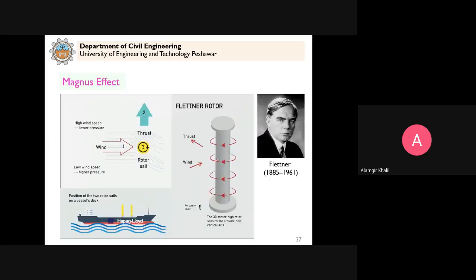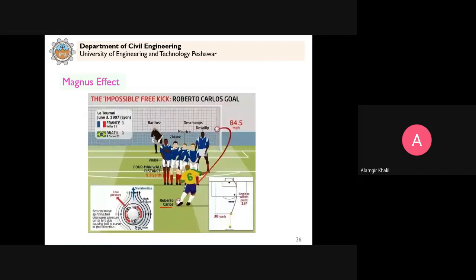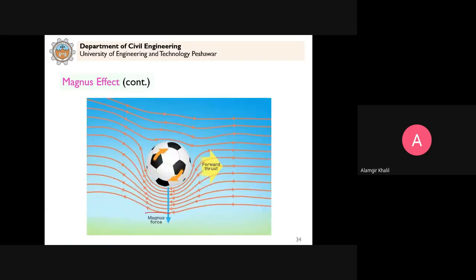Now, coming to another interesting thing, Flettner, who was a German and then worked in the US Navy, developed a rotor based on this concept, which is known as the Flettner rotor. He said that if in a ship we have this kind of rotors, a force is generated, as we saw here, the Magnus force.